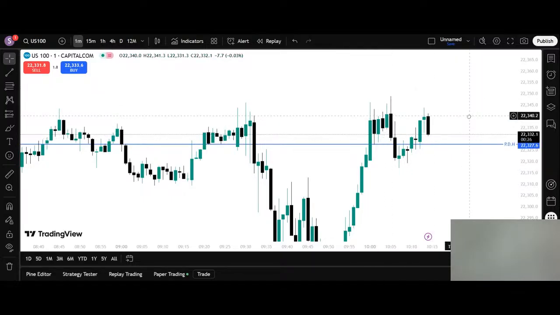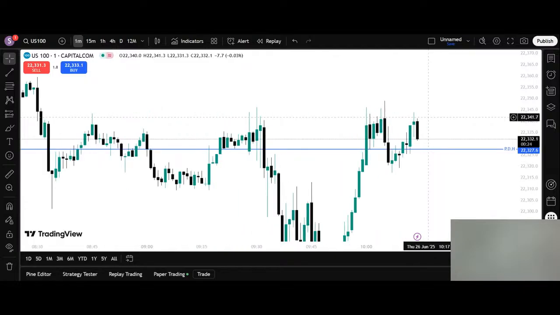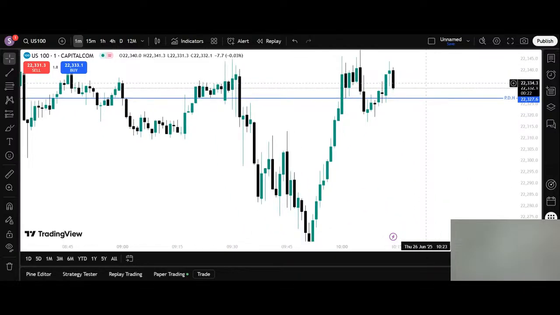But I wanna see how the 15-minute candle is gonna take a tour. And there's also a very big chance that we might not find a good trade today.